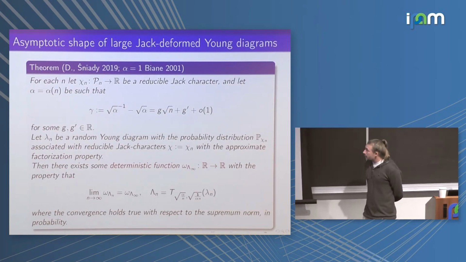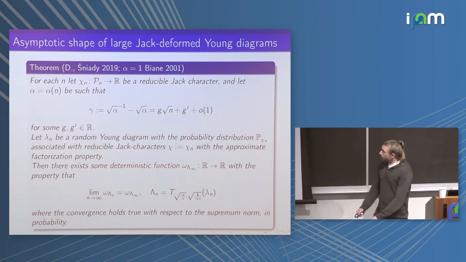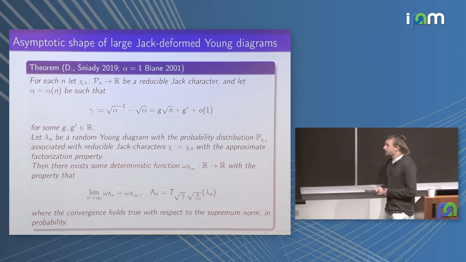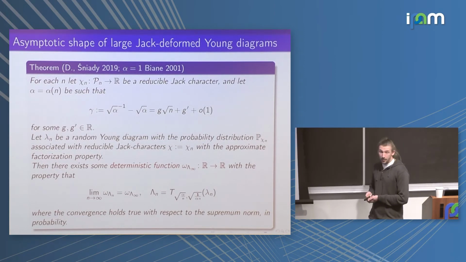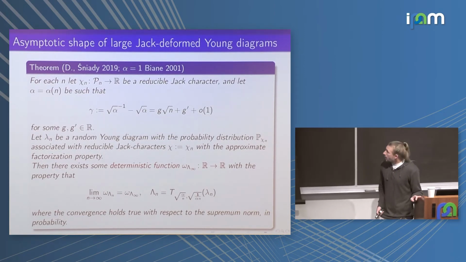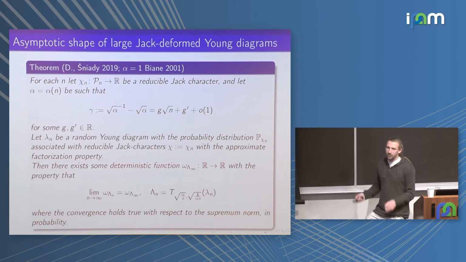Then we are able to prove the following theorem. Whenever you have a family of irreducible Jack characters, and there is one condition telling you what the growth of alpha is, a bit technical, but roughly telling you how fast alpha can grow, and if they have the approximate factorization property, then we have a law of large numbers.